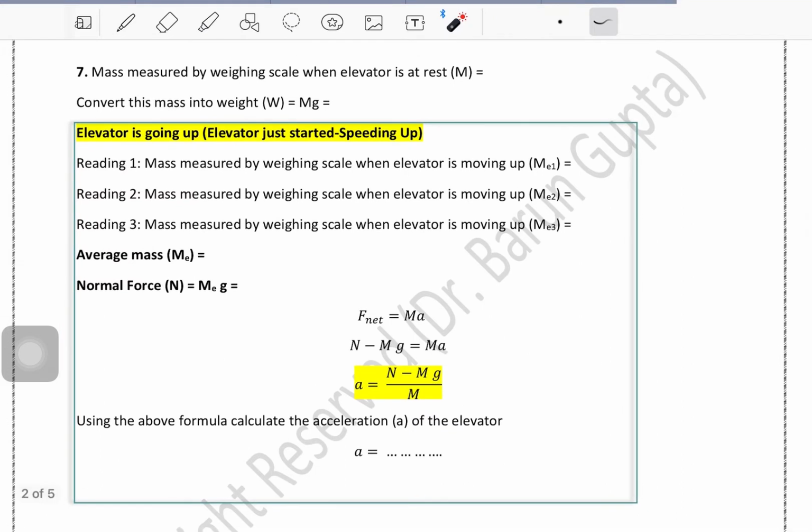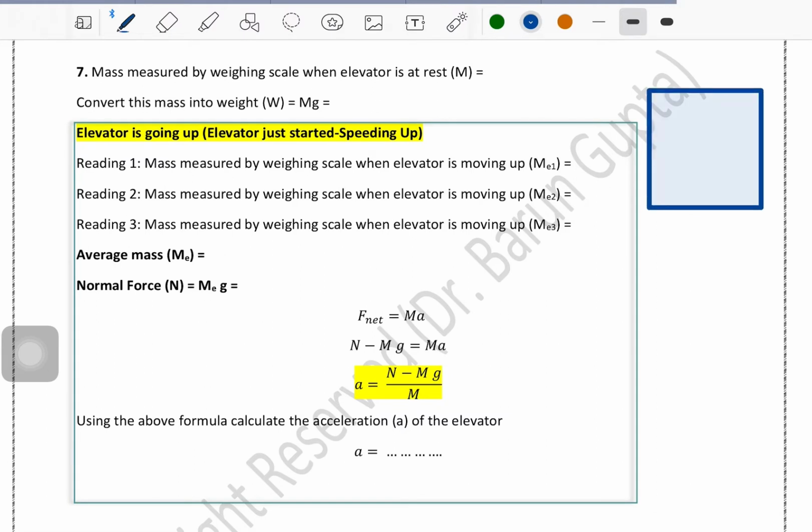So the first thing you have to do, take a mass and measure the mass in an elevator or even outside when the elevator is not moving up or down, or the elevator is at rest. So you have this elevator, okay, and this is your mass, or weighing scale.